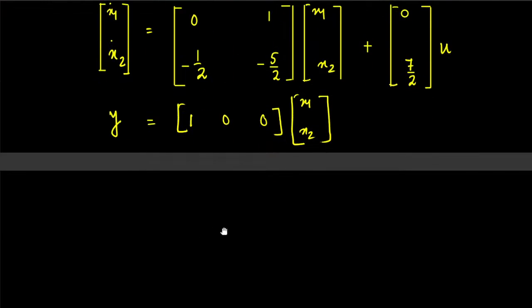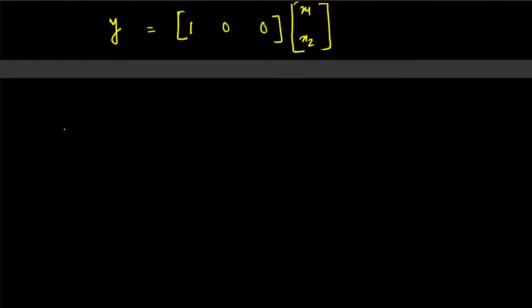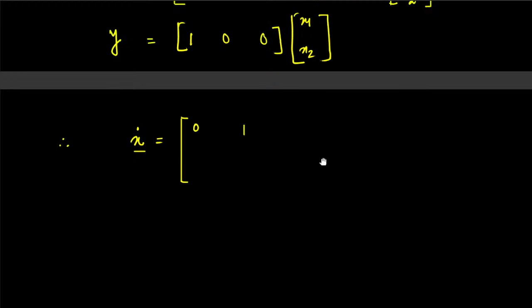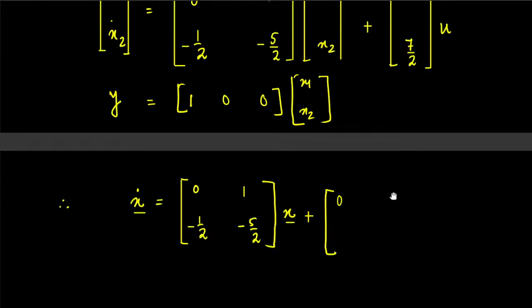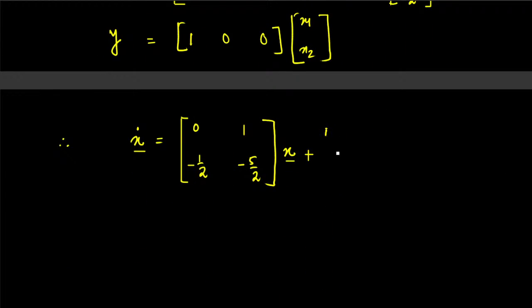So this is once again a very similar representation, right? Therefore the model is x dot, the derivative of the state vector, equals 0, 1, minus 1/2, minus 5 by 2, times x, which is the state vector, plus the input matrix 0, 7 by 2, times u.